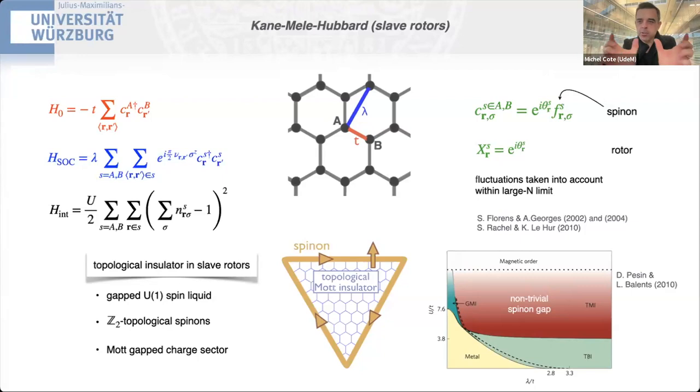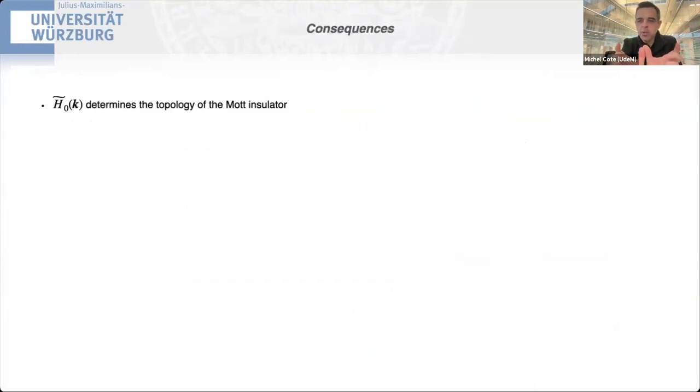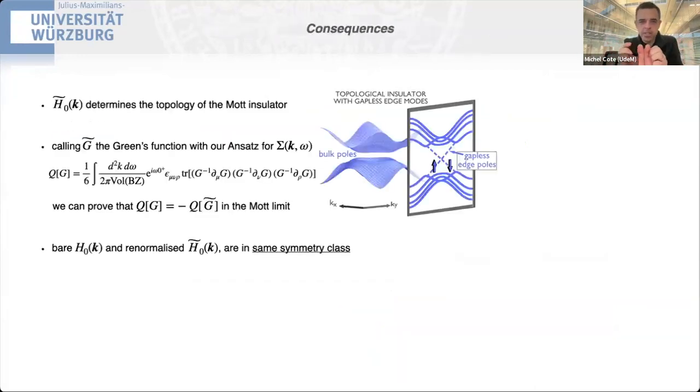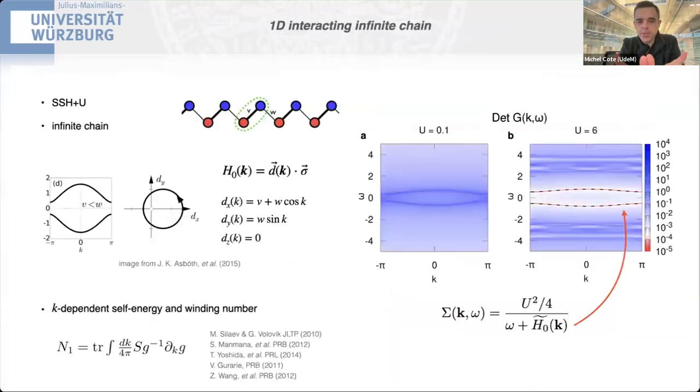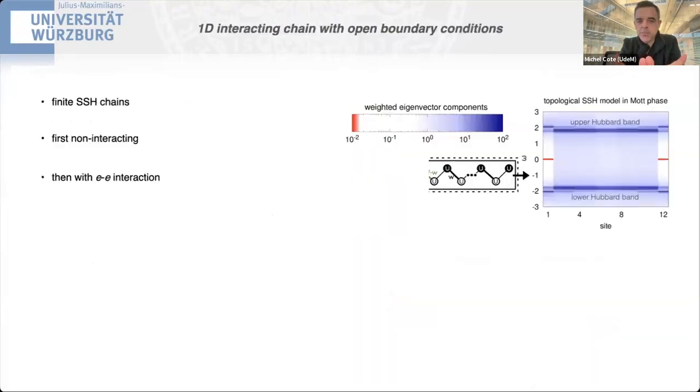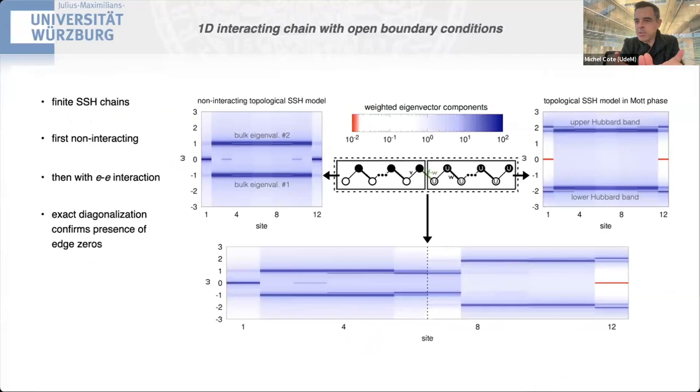When you join the two SSH chains together, you demonstrated that when they have the same topology, interacting or non-interacting, then the states interact with each other and open a gap. I was wondering, if it's a different topology, let's say non-interacting, dimerized the other way, do you still form a polaron at the interface?